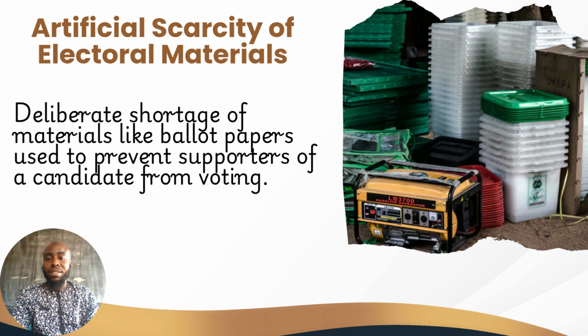This is deliberate because it prevents people who are against a party, against the people's choice, from getting up to that seat of leadership. So they short the ballot papers, and they also use other means to prevent supporters from voting. They make sure that people at their polling unit don't get the necessary materials needed to vote. By doing this, they make electoral materials scarce, whereas they are readily available.